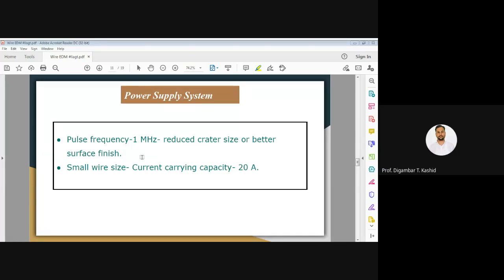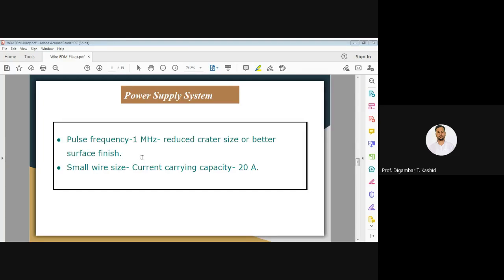I was talking about the first element, that is the power supply system. Here we are using a pulse power supply system, which you can call a DC pulse power system. The main difference between normal EDM or die-sinking EDM and this wire EDM process is that here we are using a very small diameter wire as the electrode.